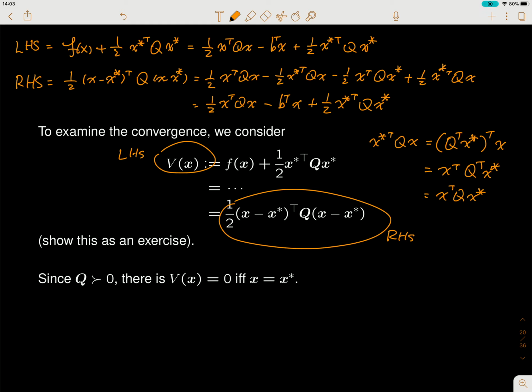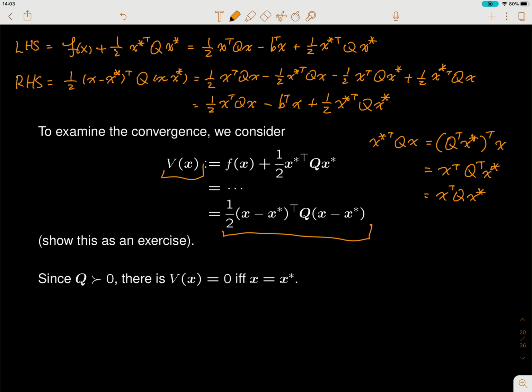Okay, so now you can see the V(x) is just this quantity here, and because Q is positive definite, this quantity on the right-hand side must be greater than or equal to 0.